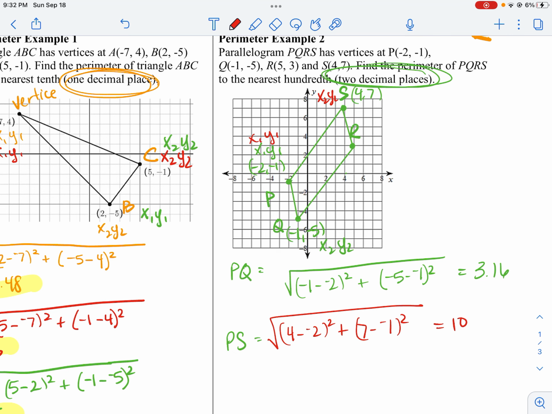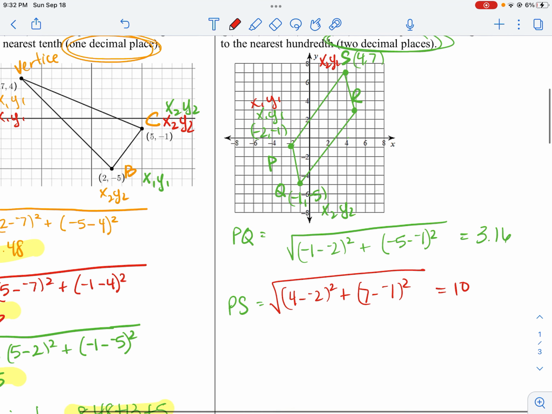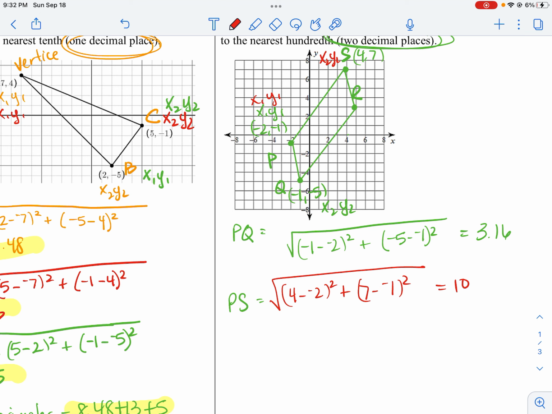Now, when I find the perimeter, I have to do PQ plus PS plus SR plus RQ. PQ is 3.16, so is SR. And then PS was 10, so is RQ.